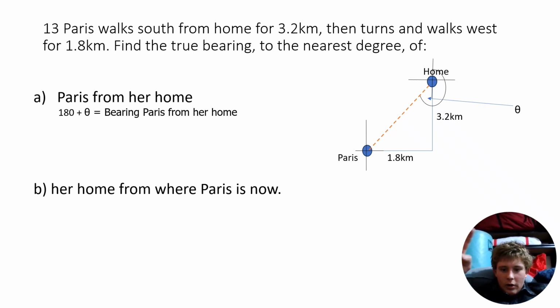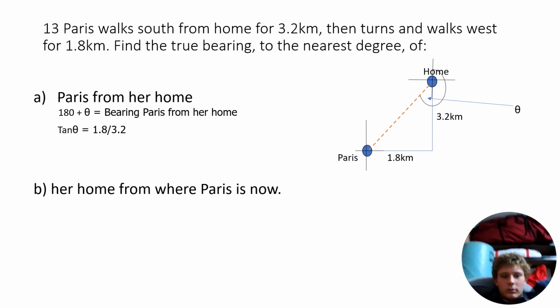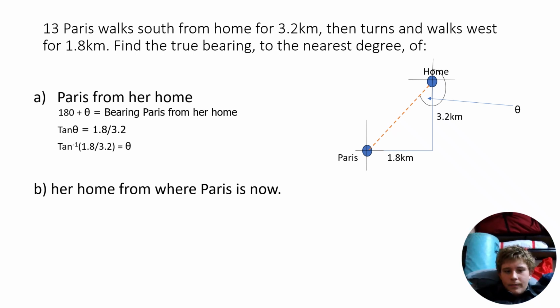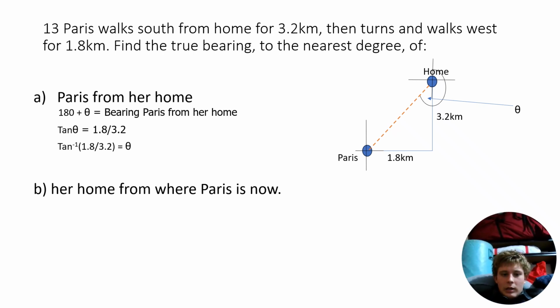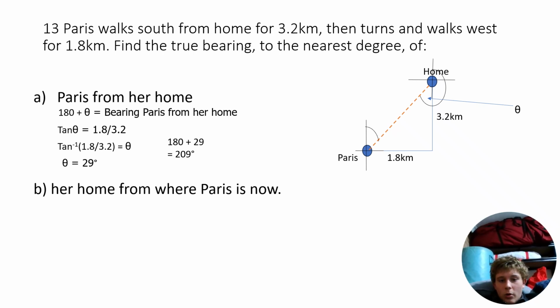We use tan because we have the opposite and adjacent. Tan theta equals 1.8 on 3.2. Then tan minus 1 of that equals theta, which is 29 degrees. Then we add that to 180, 209. That is the angle she is from her home.